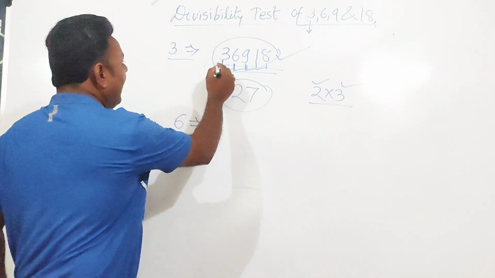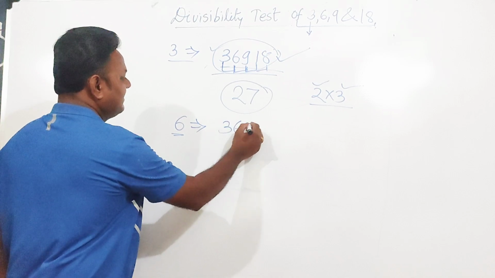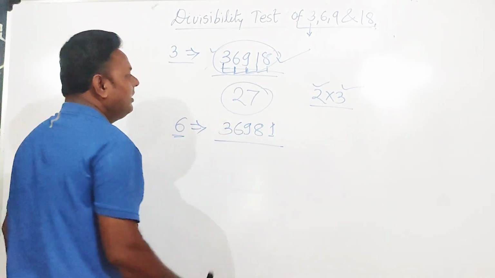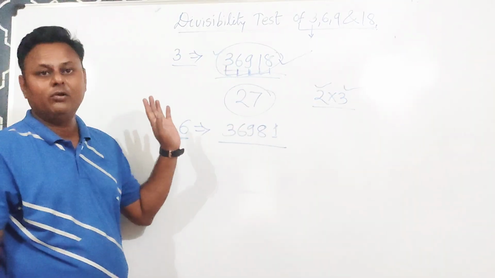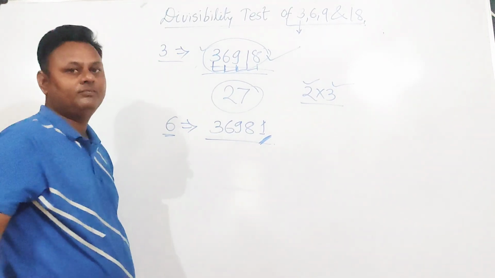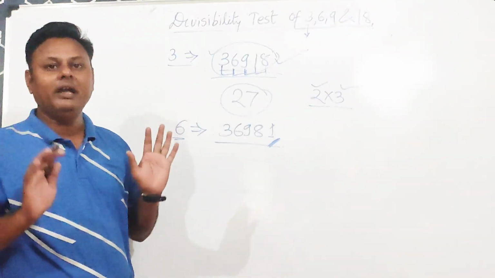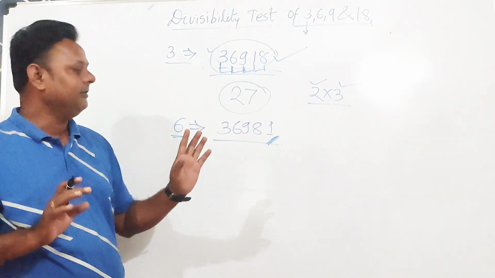For example, I am going to interchange the digits of this number: 3, 6, 9, 8 and 1. We know that the sum of all the digits in the number is 27, no doubt. But this particular number is not even. That's why this number is not divisible by 6, though it is divisible by 3.